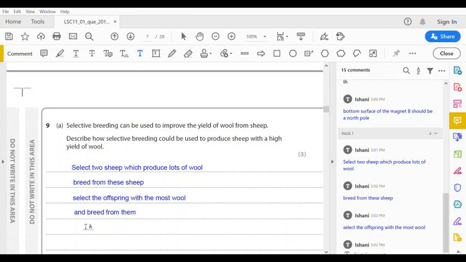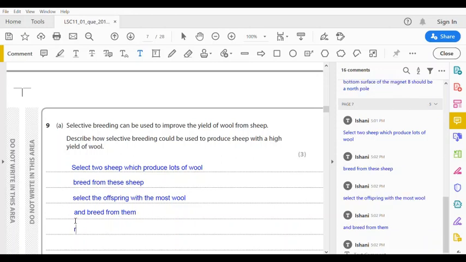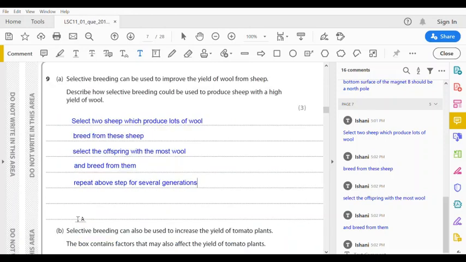Repeat the above step over several generations. So finally you need to select only the variety which is giving more wool.